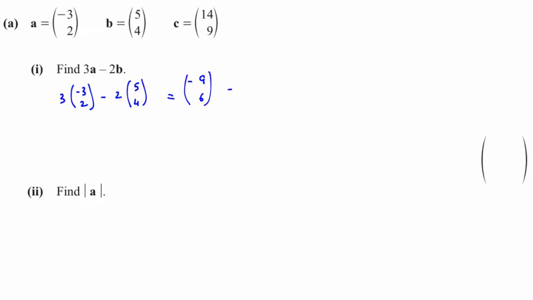Minus 2 multiplied by 5, 10, and 2 multiplied by 4, 8. To find the answer, we have to do negative 9 minus 10, which is negative 19, and 6 minus 8, negative 2. So that is our answer for A1.